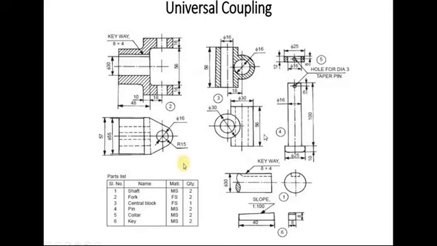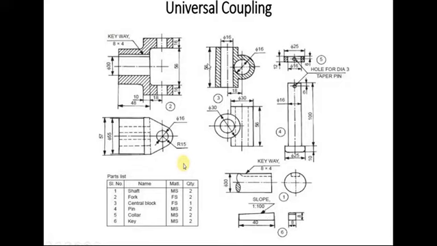Then the fourth one is a pin. This is a pin which we insert here for locking purposes. The fifth one is a collar. You will find here this is a collar. And the sixth one is a key. This is a key we use here for insertion.